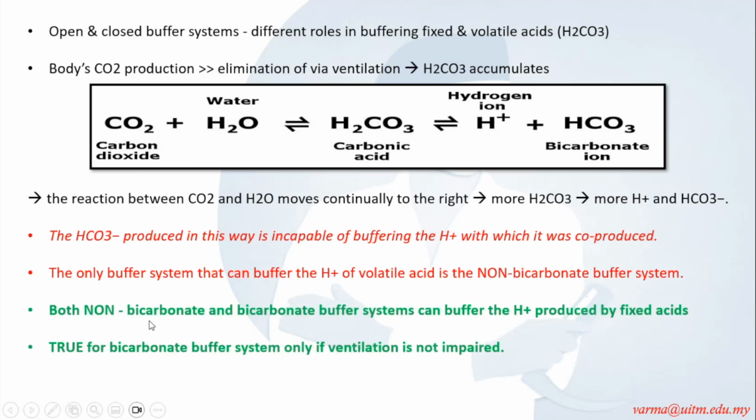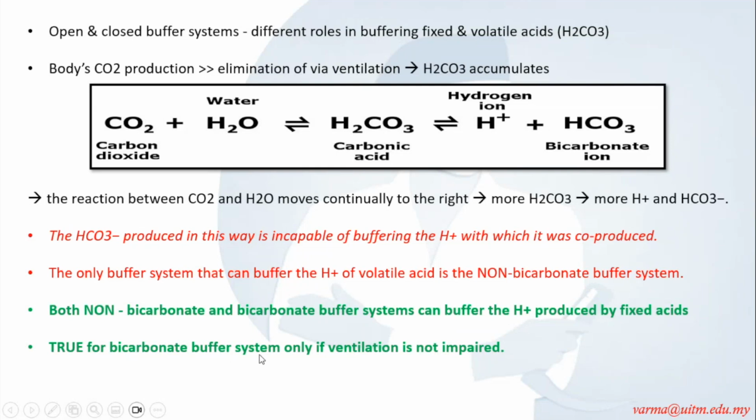Both non-bicarbonate and bicarbonate buffer systems can buffer the H plus produced by fixed acid. The bicarbonate buffer system can only buffer the fixed or metabolic acid. It cannot buffer the carbonic acid. But the non-bicarbonate buffer system can buffer volatile and non-volatile acids. This is what we are talking about. Both non-bicarbonate and bicarbonate buffer systems can buffer the H plus produced by the fixed acids.